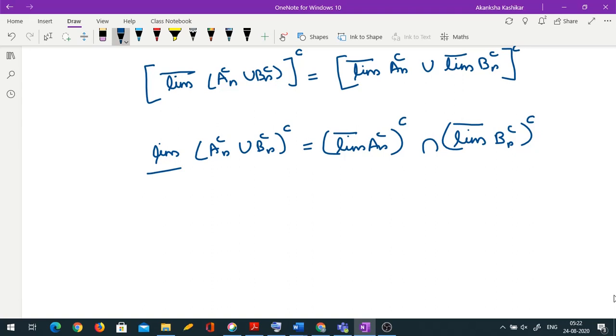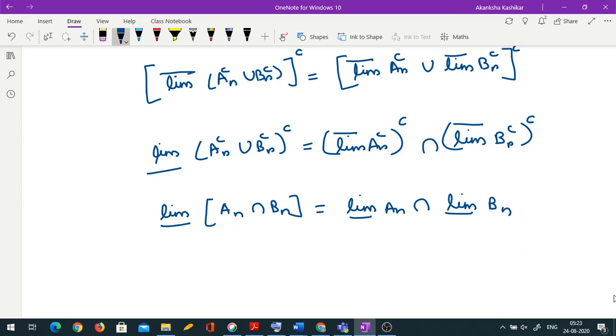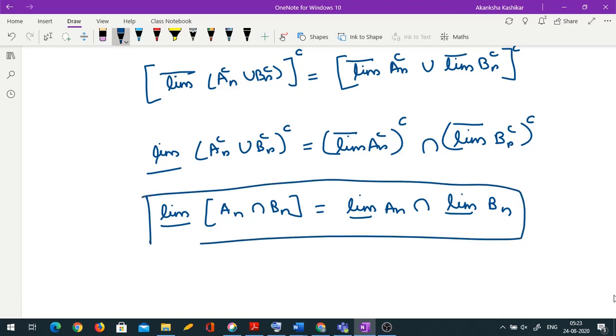So this is lim inf of something complement is lim inf of An intersection Bn. Okay, De Morgan's law again. And this is lim inf An intersection with lim inf Bn. Okay, so therefore we have actually proved that fourth part is also true. So first and fourth are true.